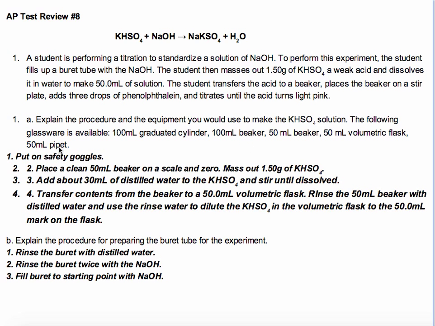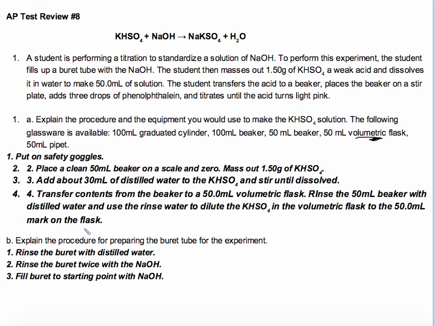For dispensing, you can use a pipette or a burette tube, but to make a solution of a specific volume, you definitely want to use a volumetric flask. Then you use the rinse water from the beaker after you transfer it, and you dilute to the 50 milliliter mark on the flask.